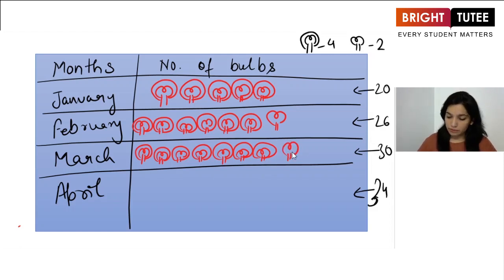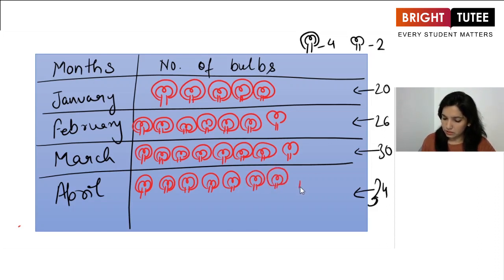Clear? Now coming to the last one, that is April, and there we have got 34 we need to draw. So let's go by the 4 times table. 4 times 1 is 4, 8, 12, 16, 20, 24, 28, 32, and after 32 if we go next, it will be 36.